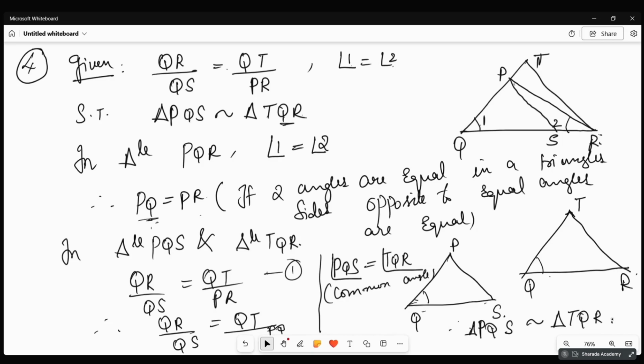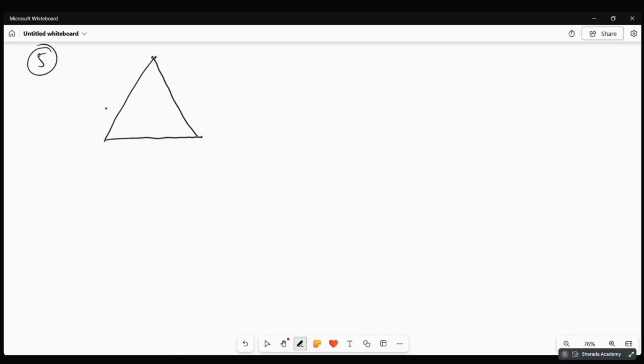Okay. Try the fifth one. In PR, S is a point. So this is P, R, and Q. S is one point on PR, and T is a point on QR.